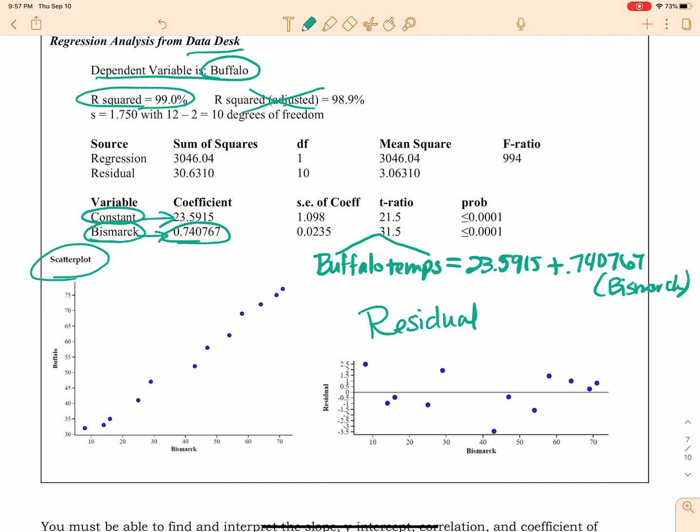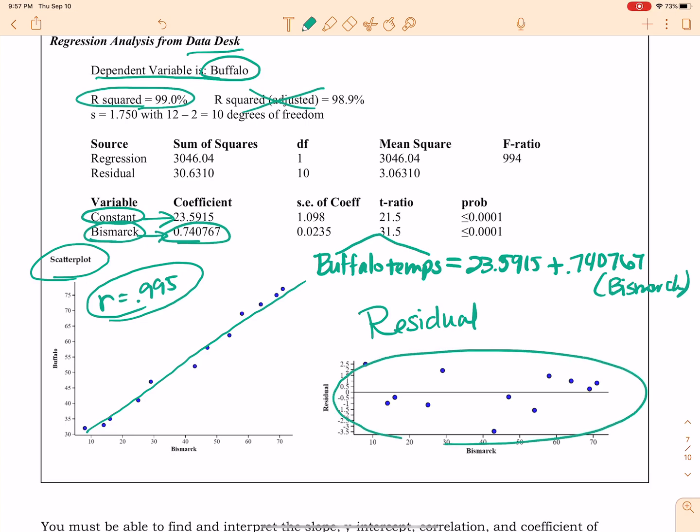So if I have a residual that's scattered and I've got a correlation coefficient that's that close to 1, that should make perfect sense to you, because see how very nearly linear that is? Those points are not scattered around very much. So with this correlation coefficient being so close to +1, I have a nice scatter plot that's very linear, and I have a scattered residual plot.